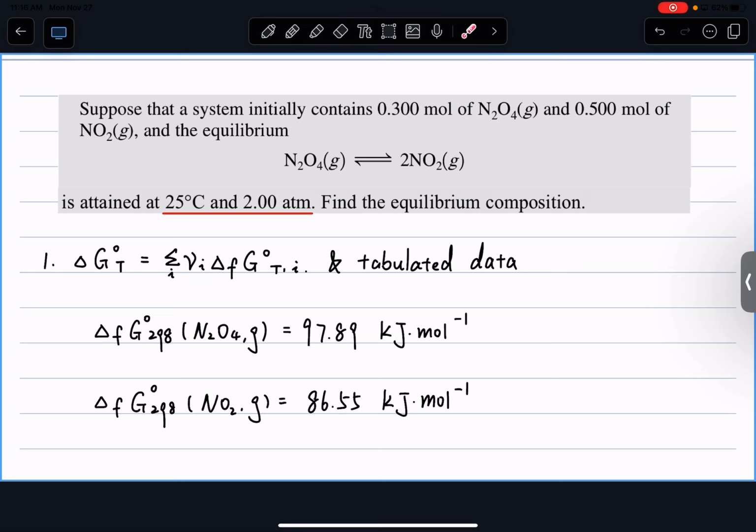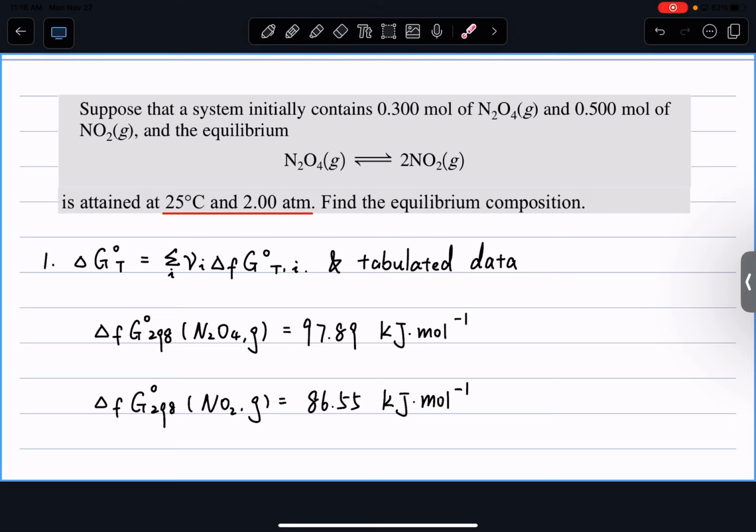In this reaction, we only have two species. The product has a 2 in front, so 2 times the NO2 Gibbs free energy of formation, which is, I think I got this wrong. Check your table and make sure I have that number correct. I think I have a typo in my annotated notes.